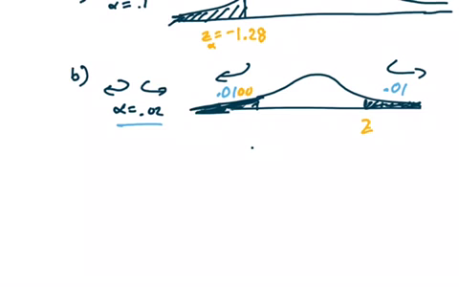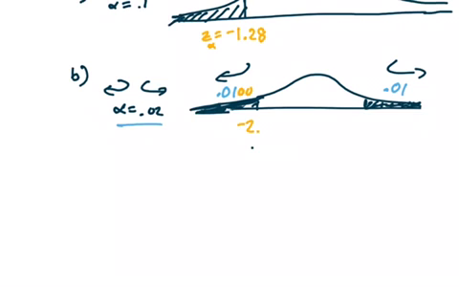So as close as we can get to 0.0100, where do I see that? I see that happening at negative 2.33 for our z value.